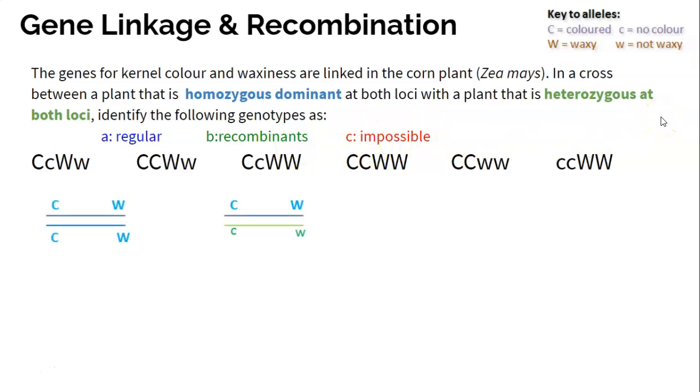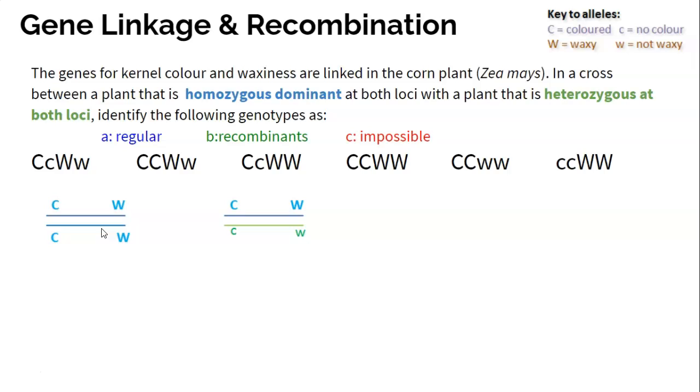So here's our initial linked gene annotation, right? We have this, which is homozygous dominant for both: capital, capital, capital, capital. And then we have our heterozygous, where we have the capitals on the top and the lowercase on the bottom. Now, when we do this matchup, there's only one possibility for a homozygous dominant. It's pretty similar to a test cross, right?